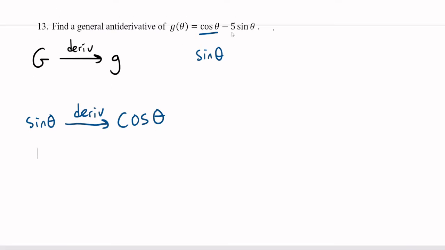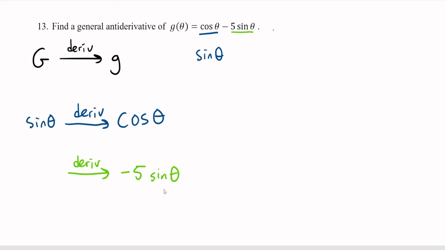So, okay, what about the next one? Let's do this piece now. I want to take the derivative of some function and get to -5 sine theta. Okay, the derivative of what? And again, remember, we can ignore this 5 for a second. We can even ignore the negative, but we actually want to keep that. So the derivative of what function just gets me negative sine?